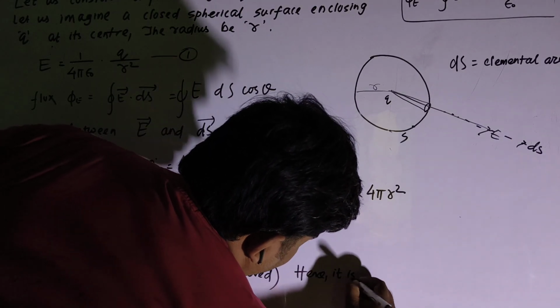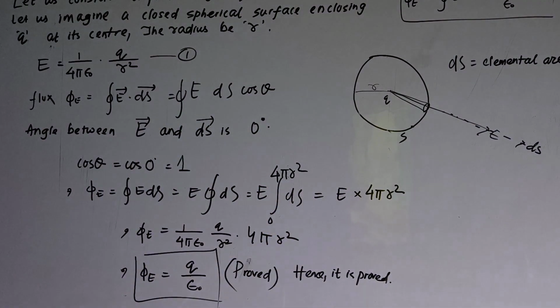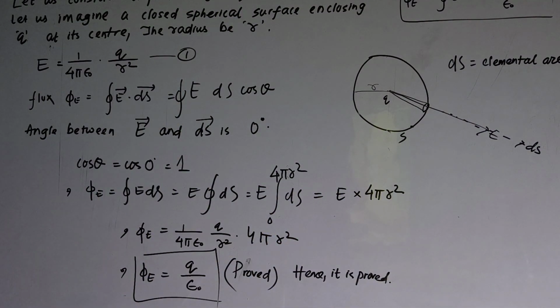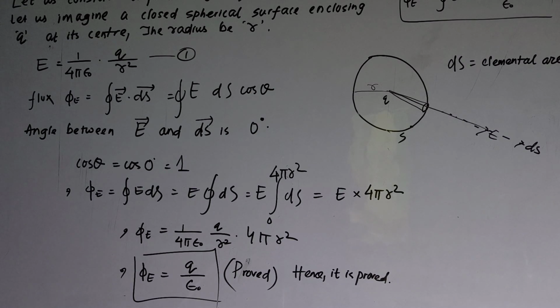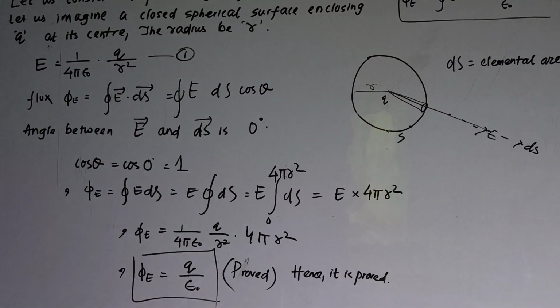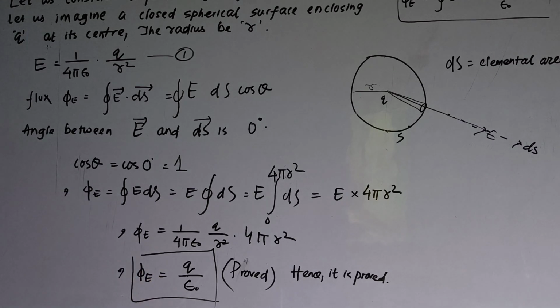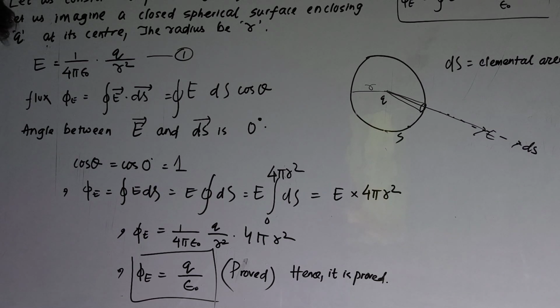You can see the resemblance from the top right to the bottom: phi E is equal to that integral, which we have converted into these things. We have calculated that integral, tried to solve it, and at last found that phi E is equal to q upon epsilon naught. This is what Gauss's theorem is all about.